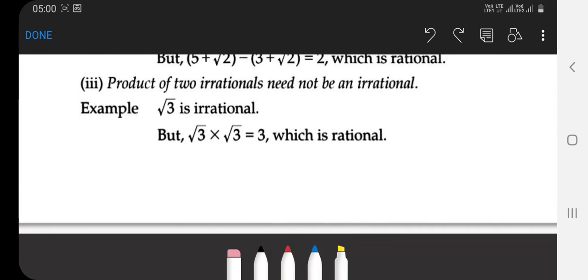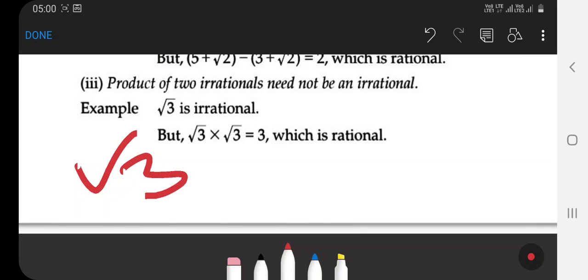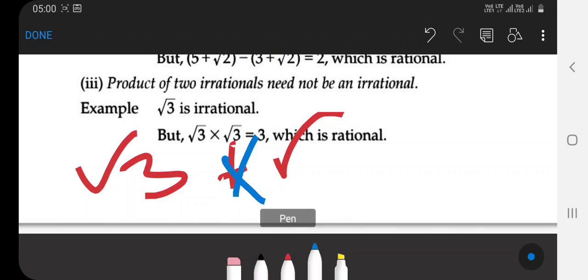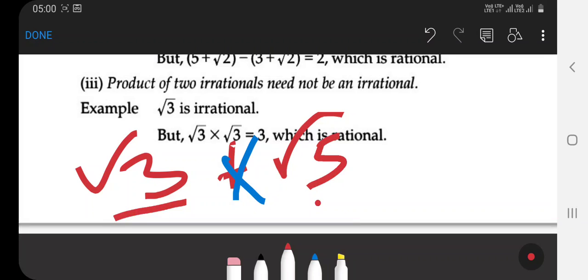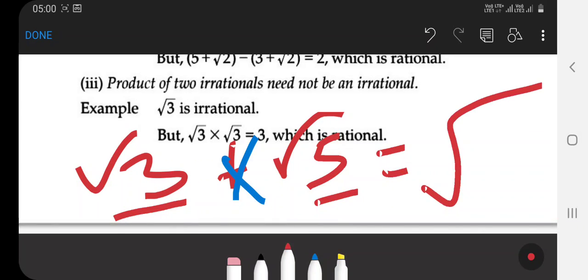In this question, root 3 into root 5, the product of two irrational numbers, is equal to root 15.